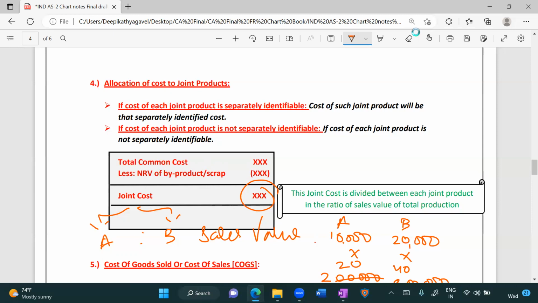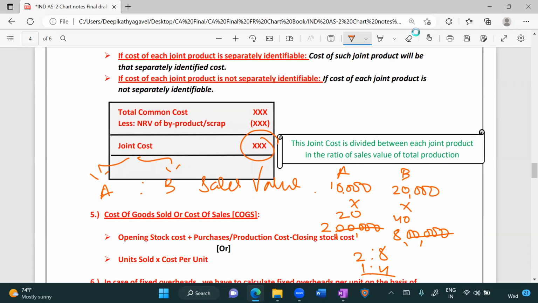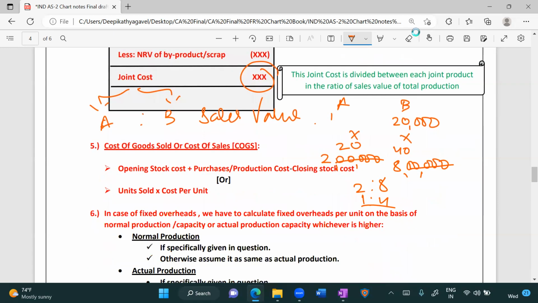But in case you're not able to separately identify the cost, then take the total common cost that has been incurred. From that, you subtract the net realizable value of any scrap or any byproduct, and what you get is the total common cost, your joint cost. That joint cost will be divided in the ratio of the sales value of the joint products, is what the standard says.